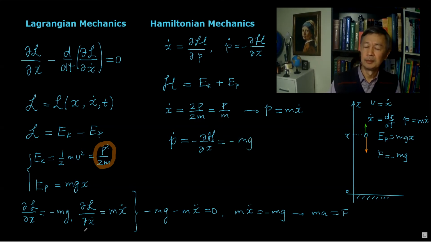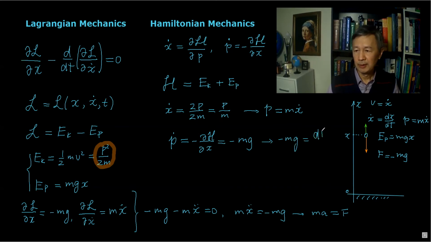So what does that mean? If you revisit Newton and rewrite what we have, we get negative mg equal to dp/dt.